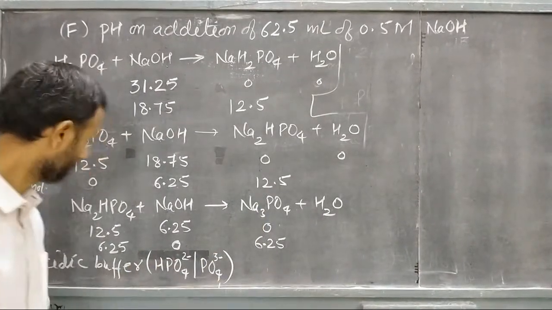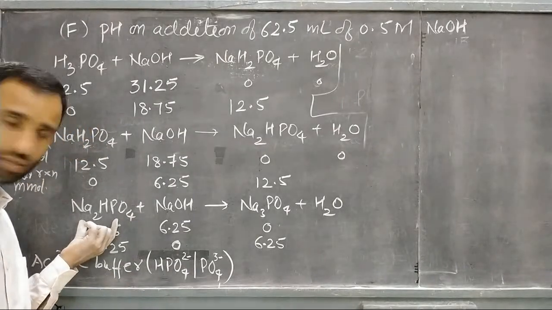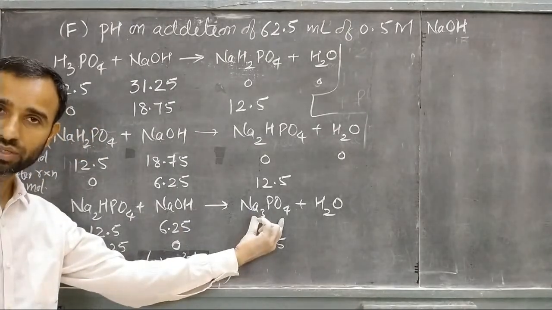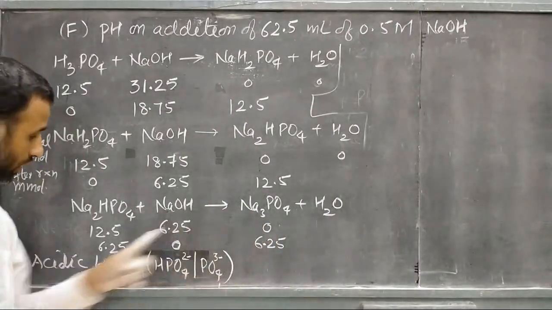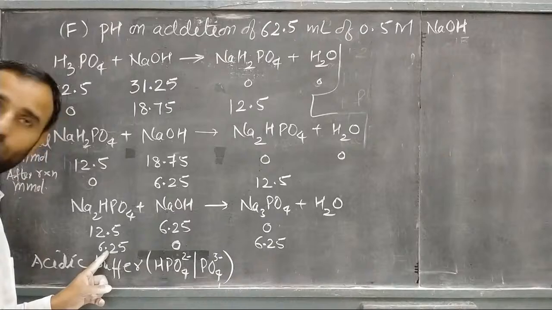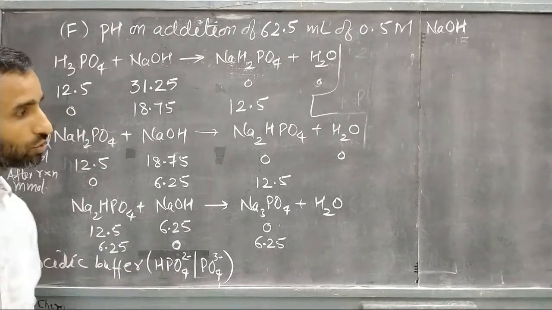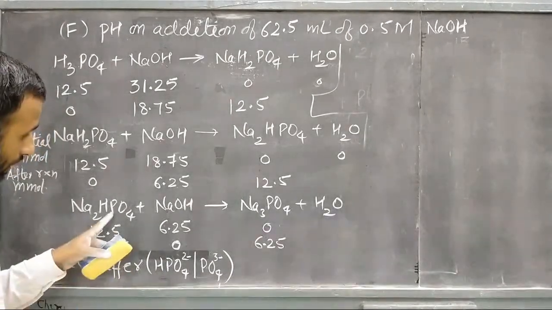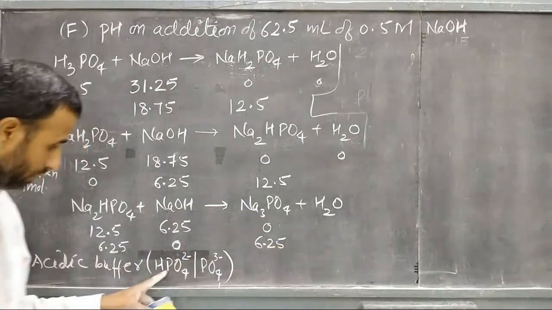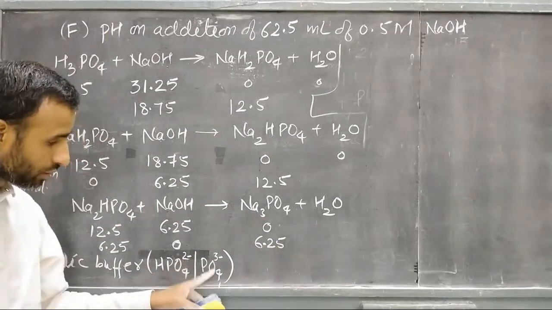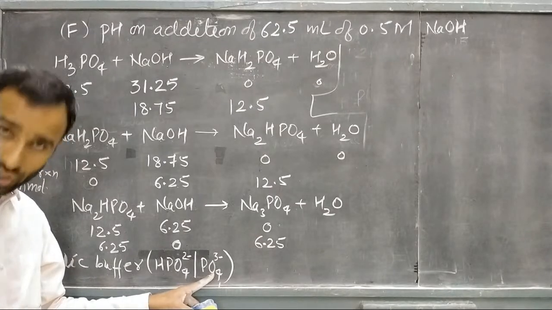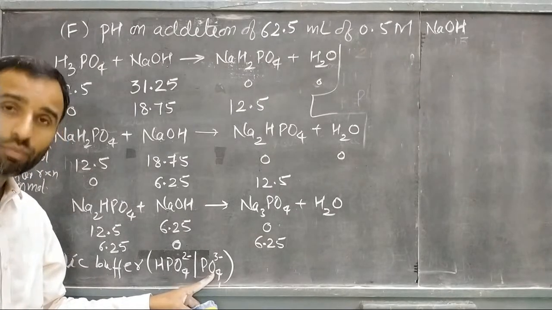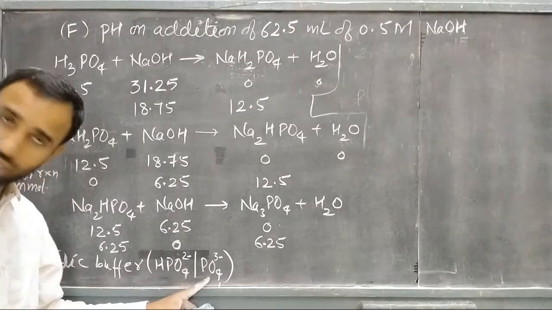In this case HPO4 2 negative is acting as the acid and PO4 3 negative is acting as the salt. Salt and acid concentrations are equal. It is converted from HPO4 2 negative to PO4 3 negative, and the dissociation constant for this is K3.